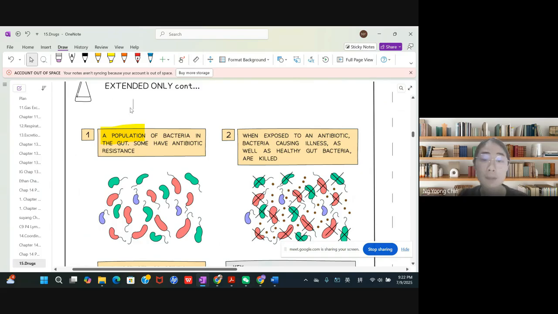But the bacteria include good bacteria and bad bacteria. When you are prescribed the antibiotic, sometimes the bad bacteria will cause illness to your body. The good bacteria will maintain the health of your body.